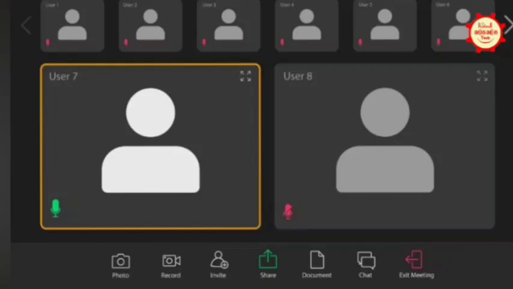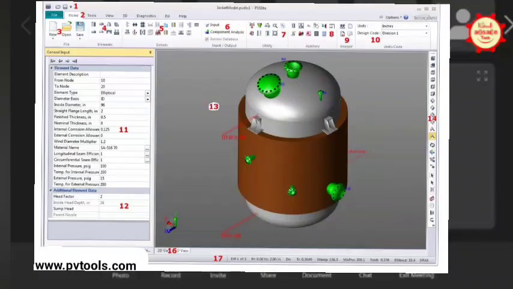Yeah. Okay. First, you have to design this vessel. There is an option in the PV Elite, apply jacket. So you have to apply jacket. And there is a pressure option in the left corner. It provides all the information, how much length is required, what top head is required, what bottom is required.